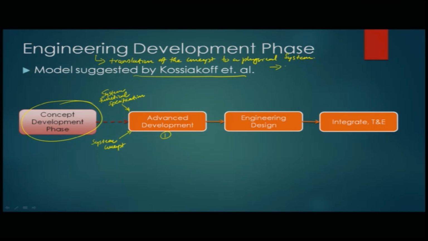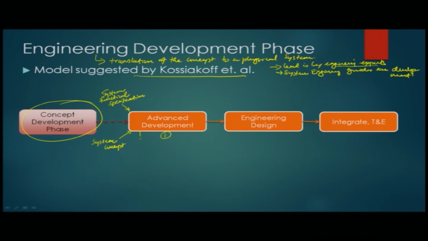And here the lead is by engineering experts, and systems engineering guides the development. Okay. So, individual components will be designed by the experts, but the whole process of this engineering development phase will be guided by systems engineering.